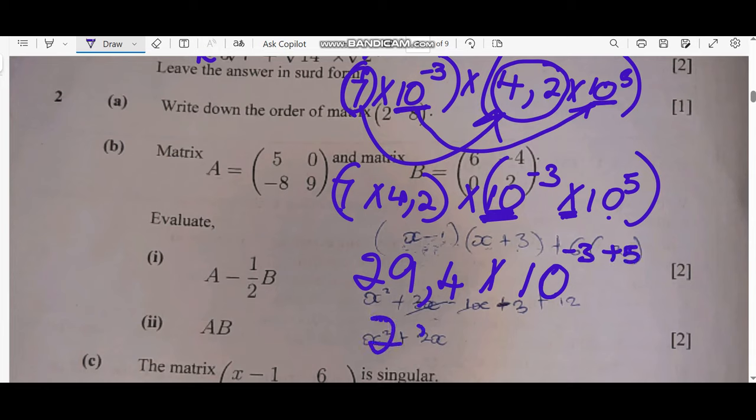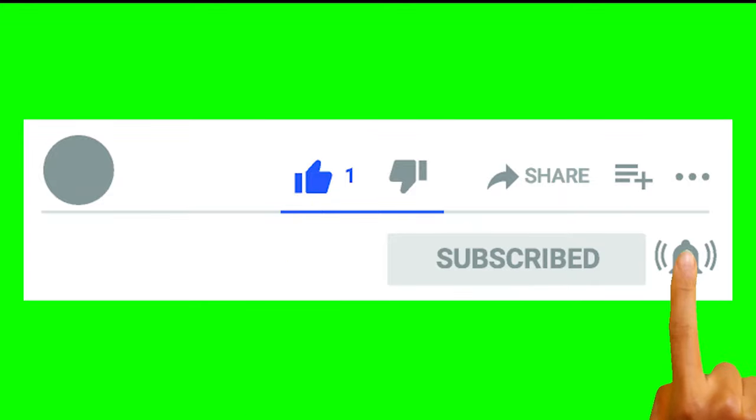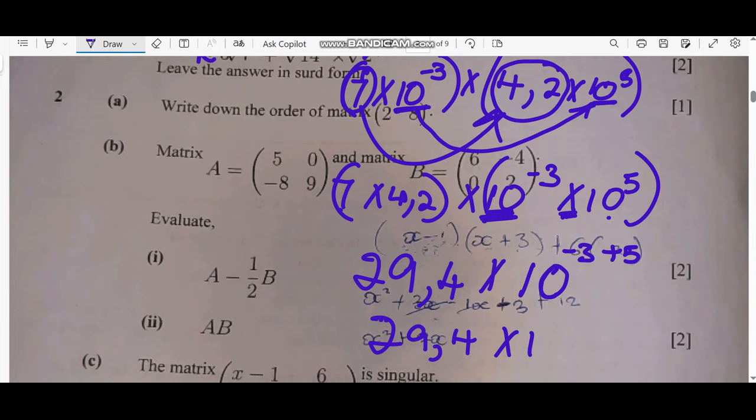So we have 29,4 times 10 to the power minus 3 plus 5, you obtain 2.